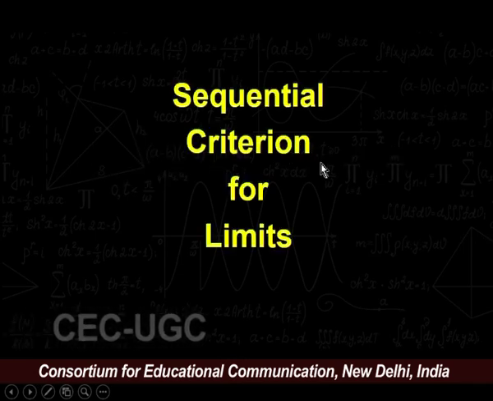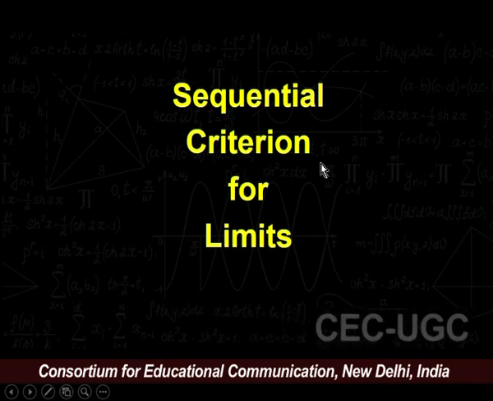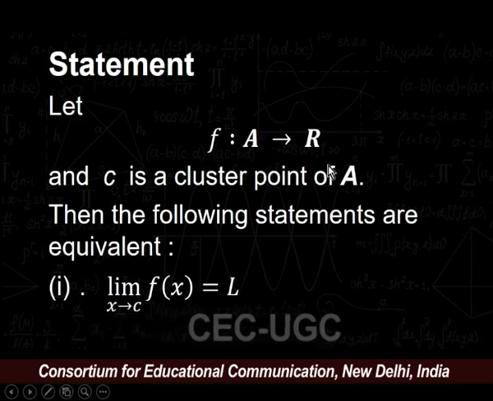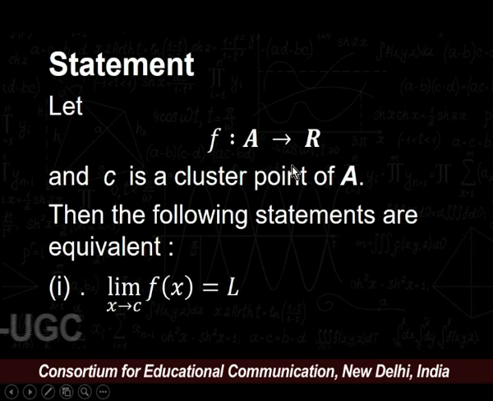Now, let us start the very important topic, sequential criteria for limits. The statement is: if we have a function f from A to R and c is a cluster point of A, then the sequential criteria says that the following conditions are equivalent.